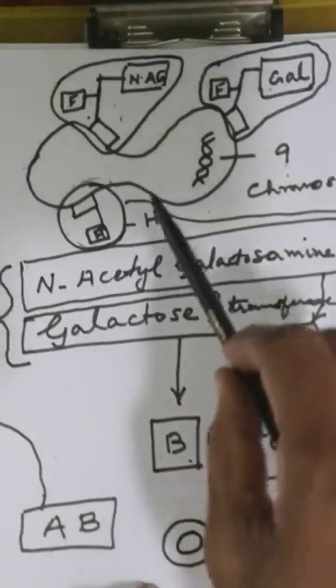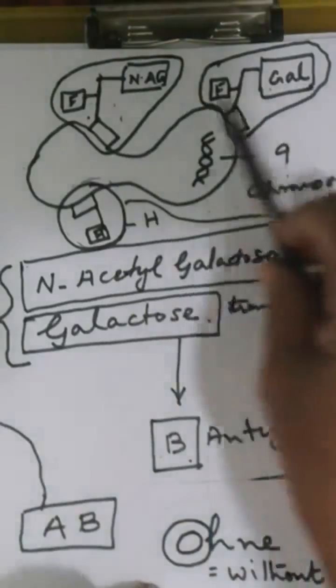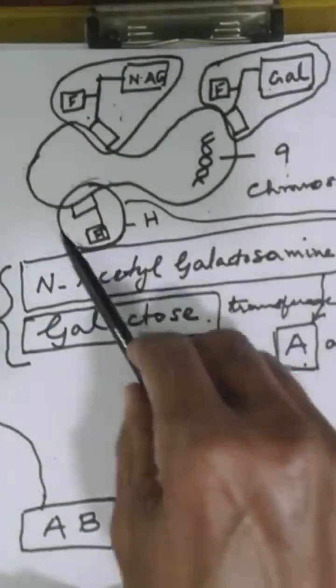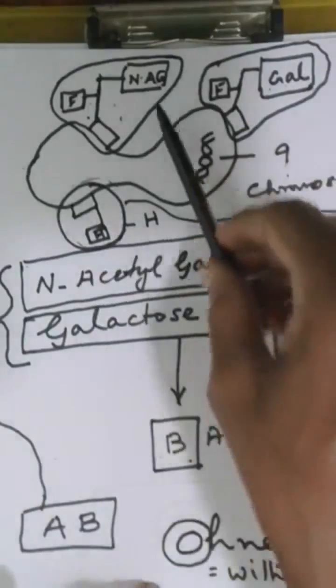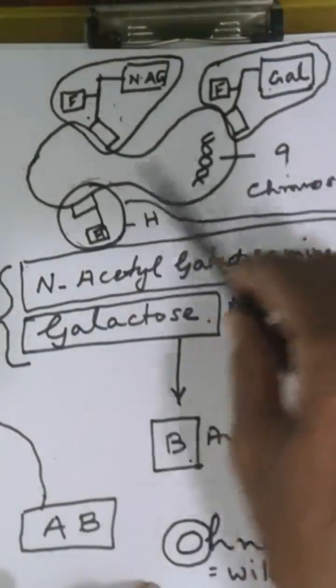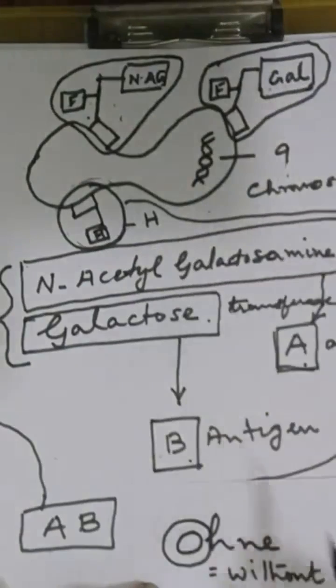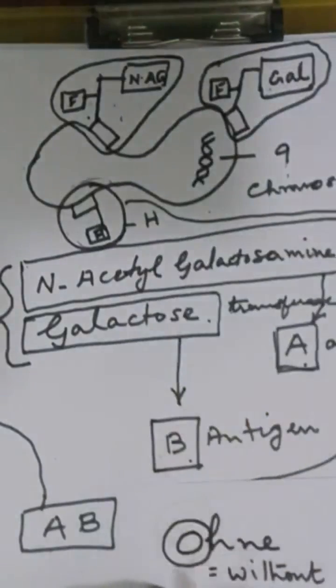When there is neither NAG nor galactose, that is nothing, then only H remains there. That means without NAG or without galactose or without A or without B, that is called ohne. So ohne means in German without. So without these substances, that is O group.